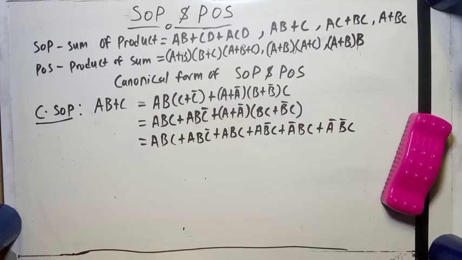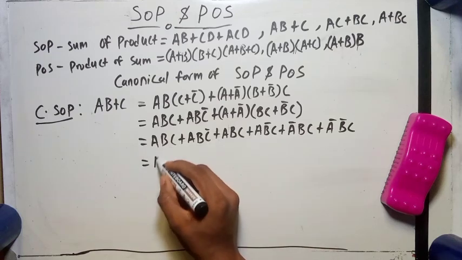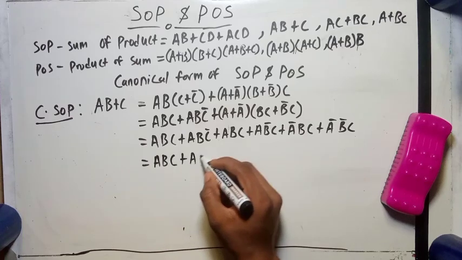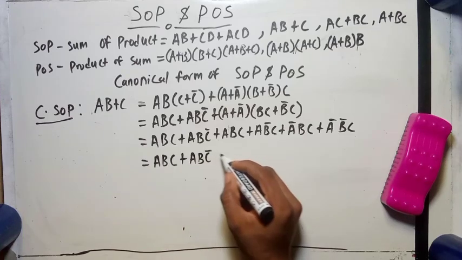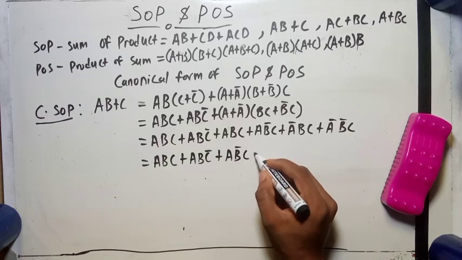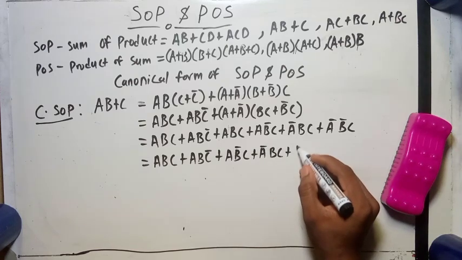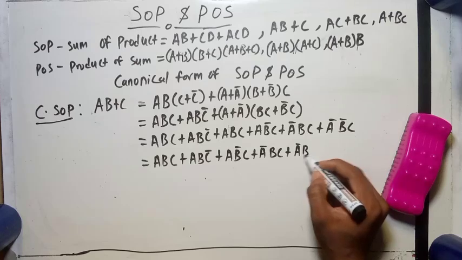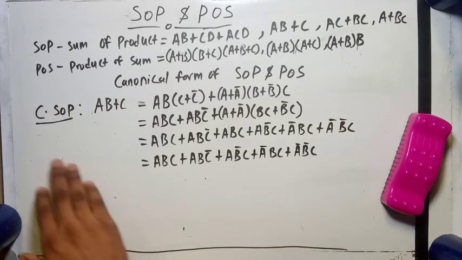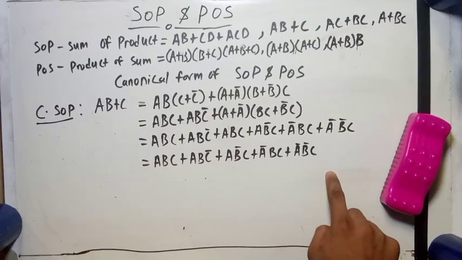As you can see, this and this are the same, so you can write this as A, B, C plus A, B, C bar plus A, B bar C plus A bar B C plus A bar B bar C. Okay, so what we have gotten now is the canonical form of this. This is it.